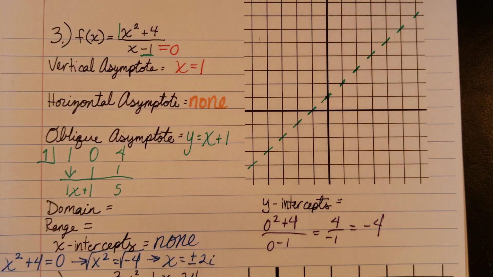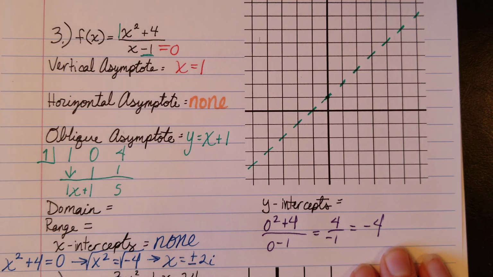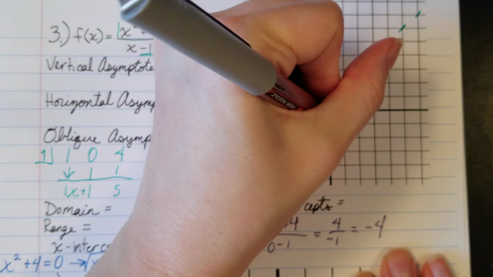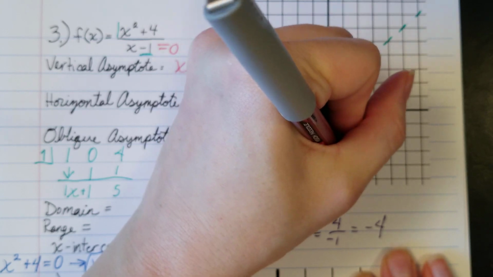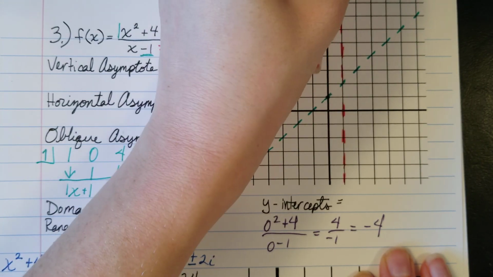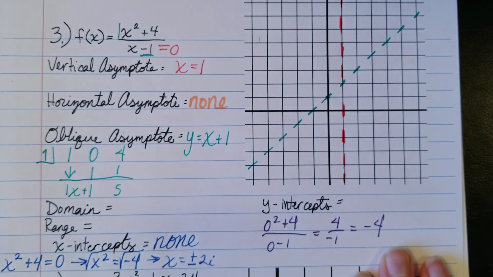All right, let's go ahead and start putting everything else on the graph. Vertical asymptote at 1. And then the only other thing to put on the graph is the y-intercept at -4.